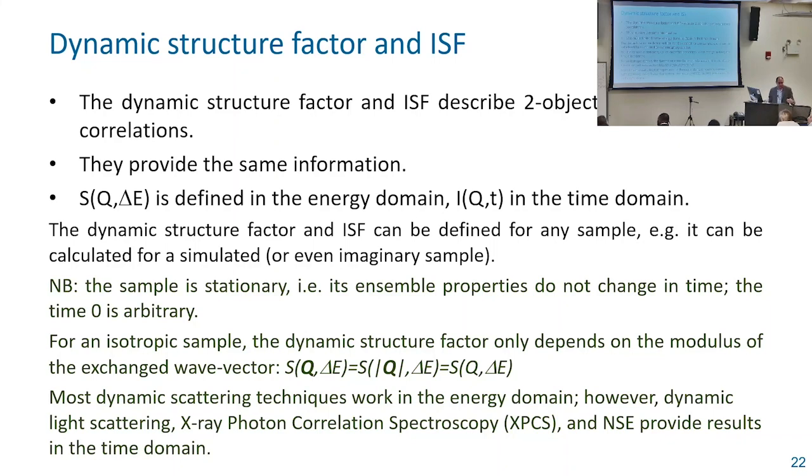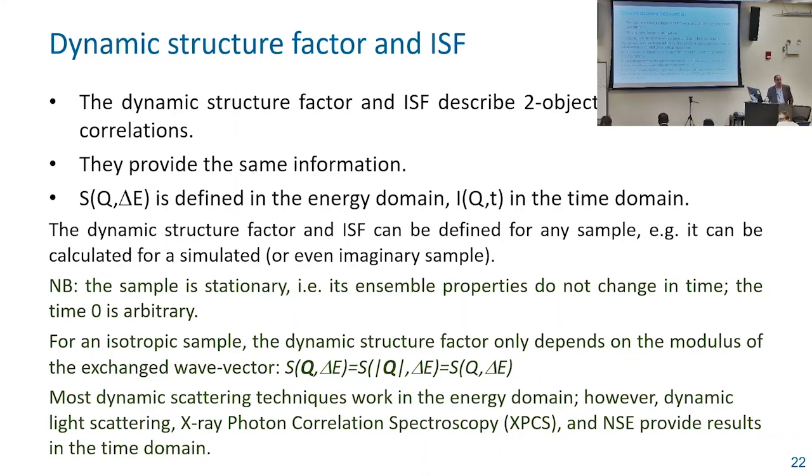But it's not necessarily related to the neutron scattering measurement. You can measure it with different techniques. As I was hinting before, most of these dynamic scattering measurements work in the energy domain. However, spin echo or, for example, X-ray photon correlation spectroscopy work in the time domain. What's the technique that works in the time domain and uses visible light? Dynamic light scattering, DLS. You can also call it PCS.